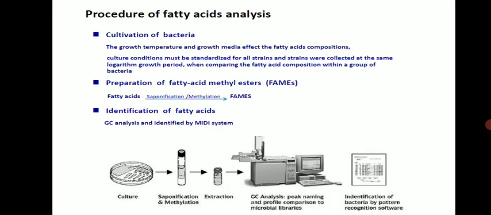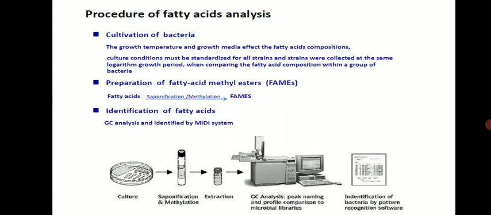Again, in this second figure, this protocol is summarized pictorially. First you have to cultivate the bacteria, grow them in pure form, then you have to hydrolyze, that is lyse, the cells, and extract lipids out of that culture, and prepare fatty acid methyl esters, known as FAMEs.